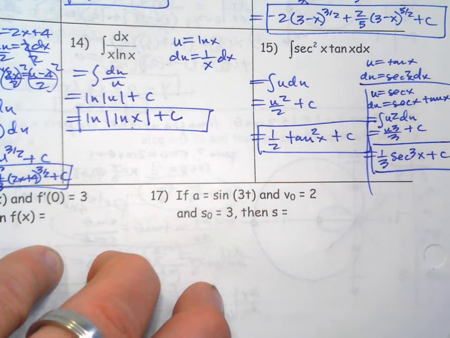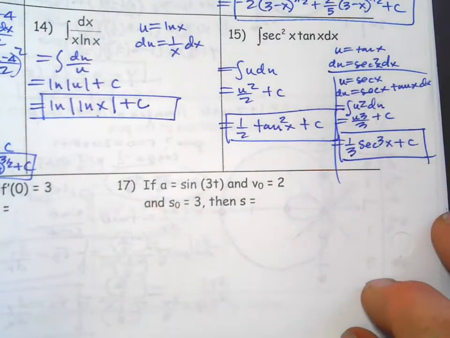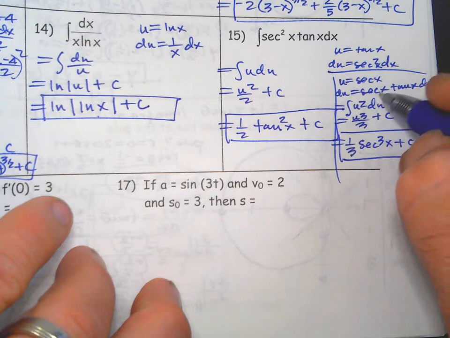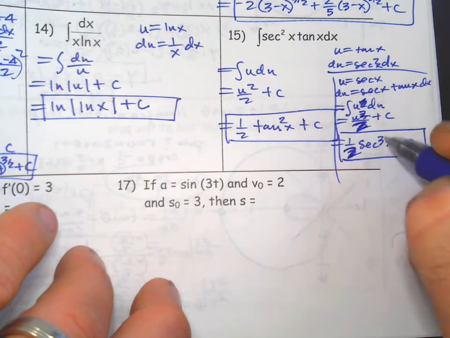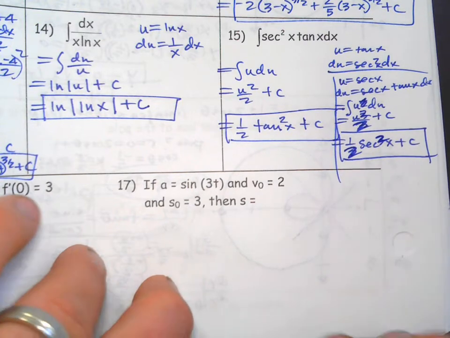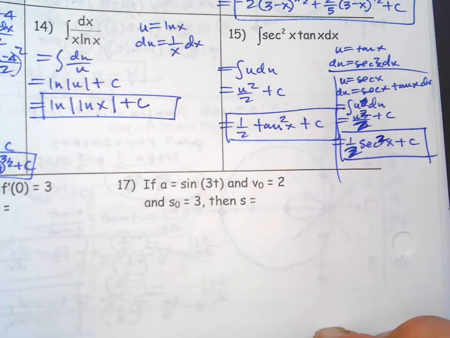Anybody, oh, those are different. Well, use a little trig identity. Actually, I'm sorry, it wasn't u squared, it was just u. These are the same if you use Pythagorean trig to convert one to the other.